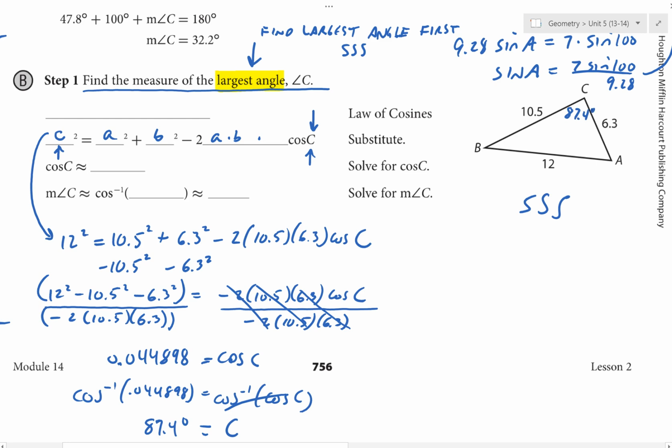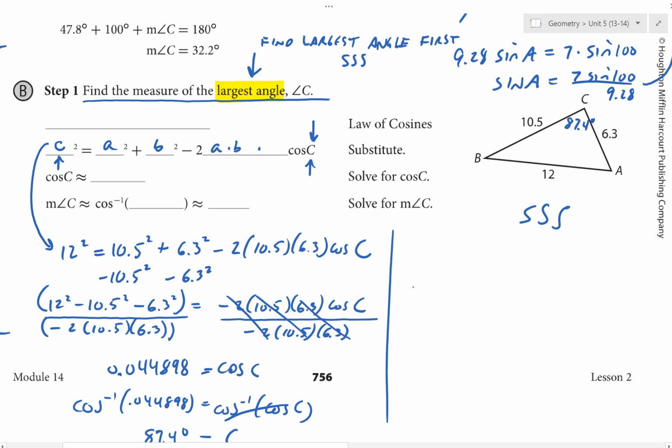Now we're ready to find the other two angles, and we can find either of the other two angles by using law of sines. So if we wanted to find angle B, we can say sine of angle B over 6.3 equals the sine of 87.4 over 12.